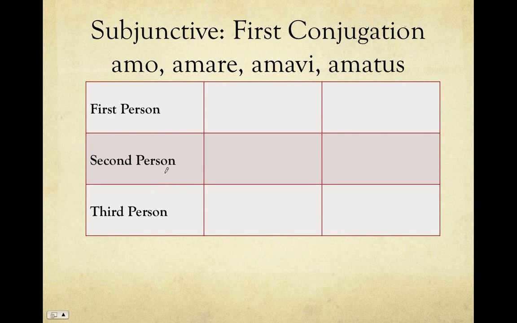The subjunctive of the first conjugation, our paradigm verb here, is amo, amare, amavi, amatus, to love. We're going to take our stem, ama, and we're going to shift. We fear a liar. So from A to an E, and then we add our personal endings. Amem.